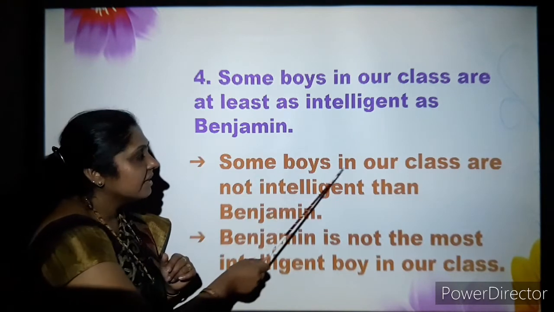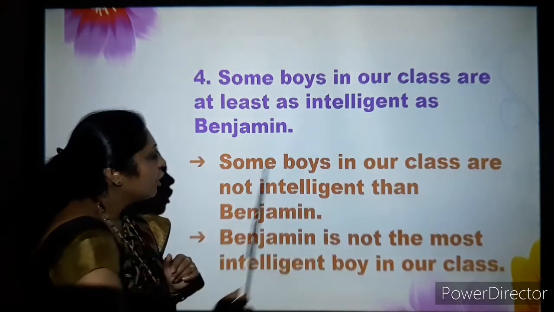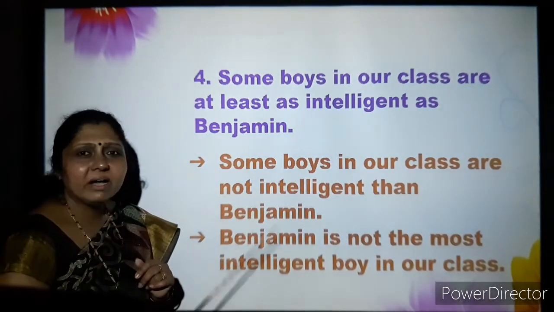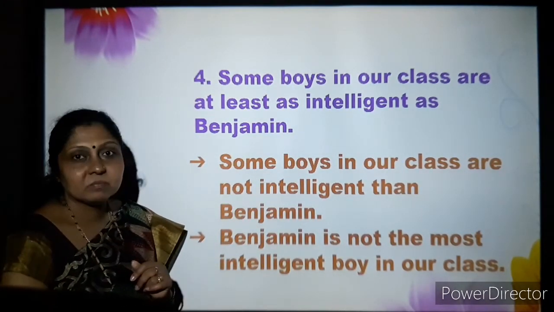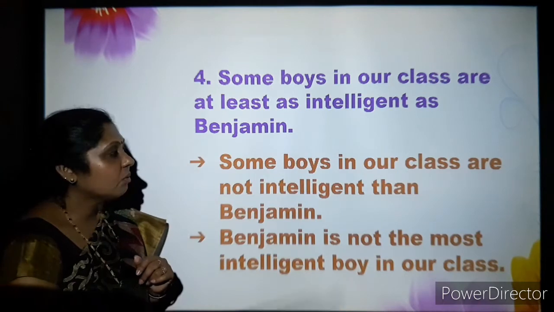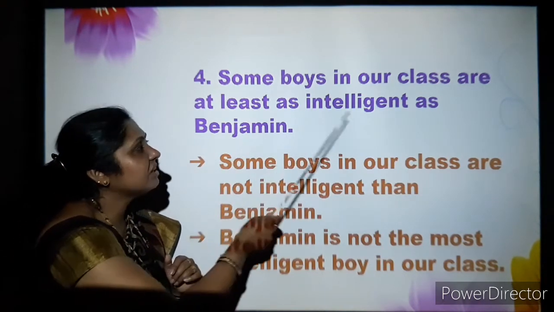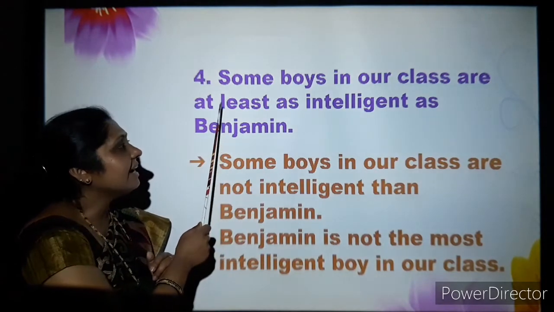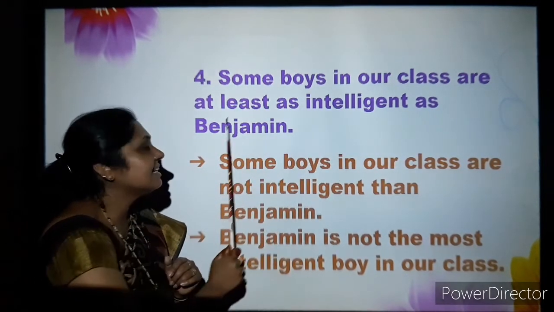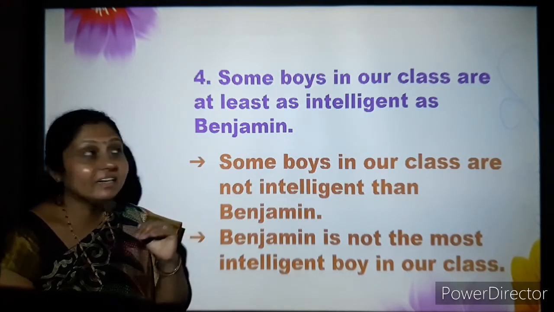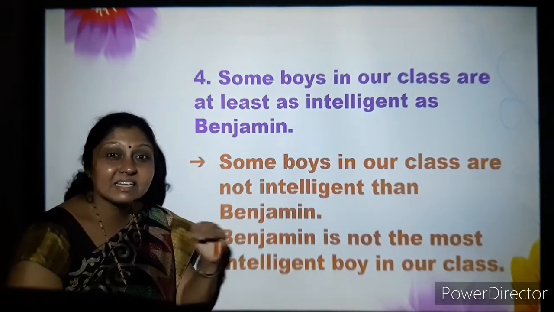Why do we have to put "not" here? The meaning here is that some of the boys in our class are at least as intelligent as Benjamin, meaning they are almost equal to him.